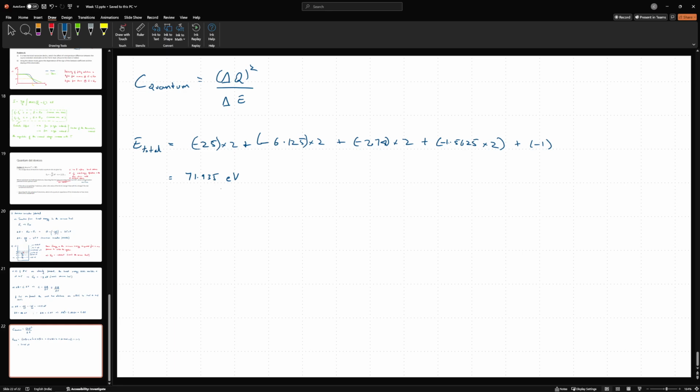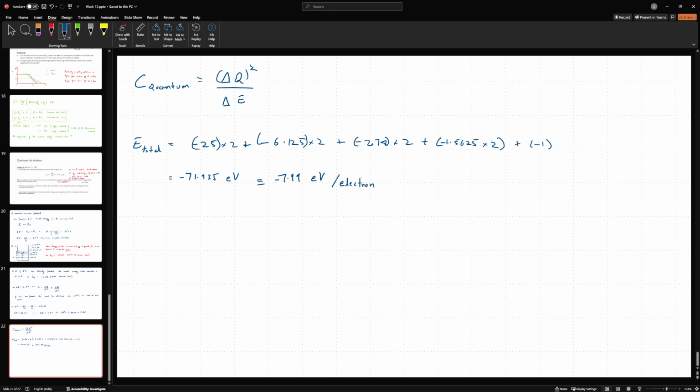So this was the total energy of the system, which implies the average energy per electron. There were 9 electrons in the system, so that will come out to be minus 7.99 electron volts per electron.